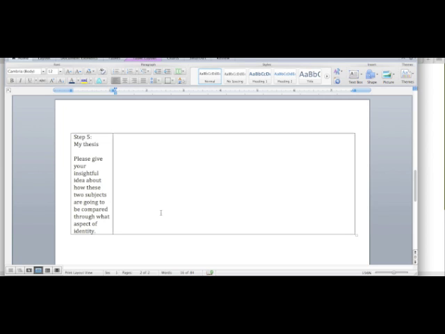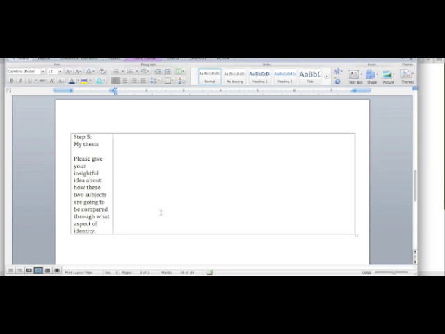Please remember that a thesis statement should be 1 sentence long. These are fairly short essays. They don't warrant a really long thesis statement that's multiple sentences. The essay wouldn't warrant a really long introduction that's multiple paragraphs. Just 1 introduction and then a 1-sentence thesis statement. And it's up to you to work on crafting that thesis statement so that you can get it all into 1 sentence.